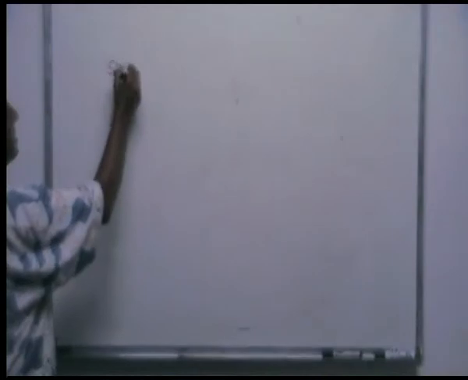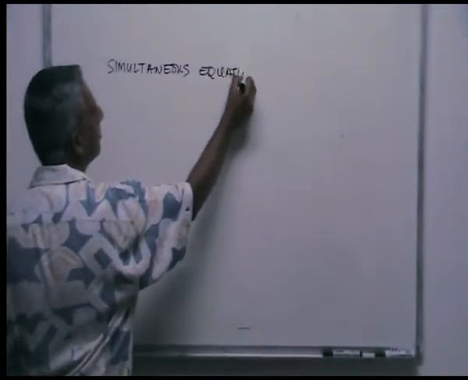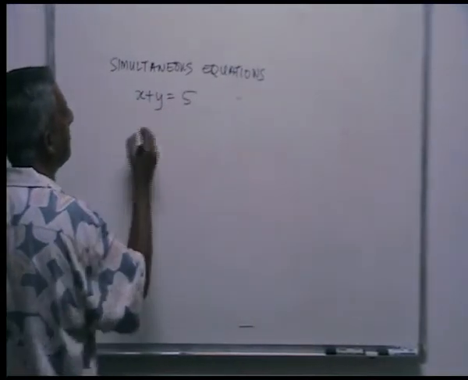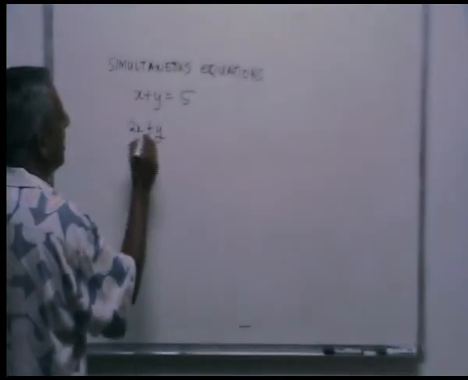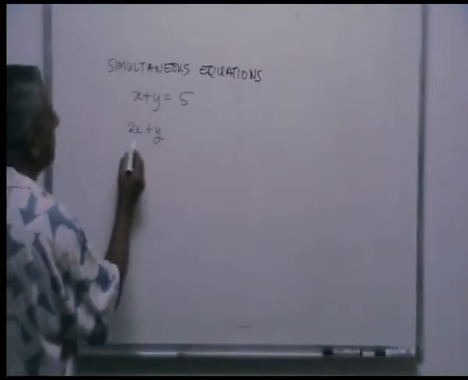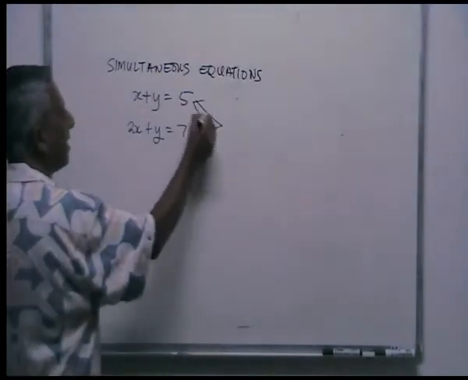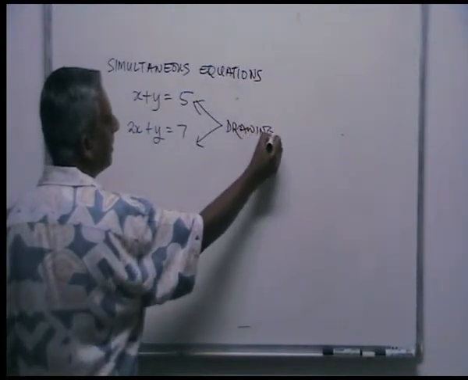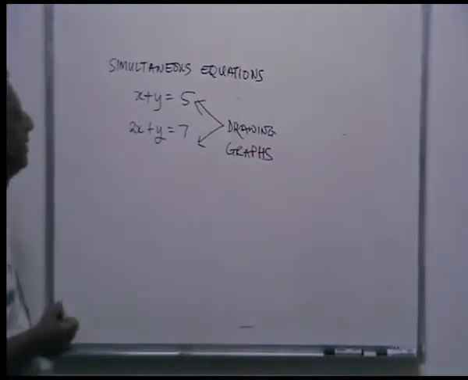Now, simultaneous equations like this, like x plus y is equal to 5 and 2x plus y, these can also be solved by drawing graphs. So later on, you will learn how to find these answers by drawing graphs.